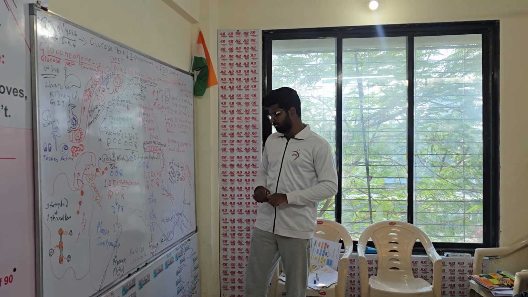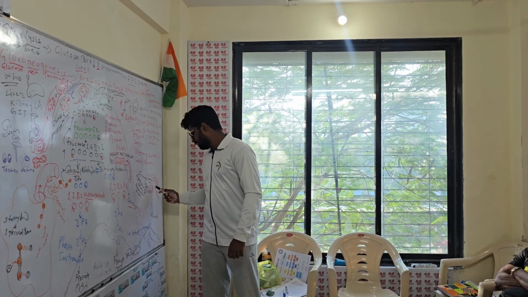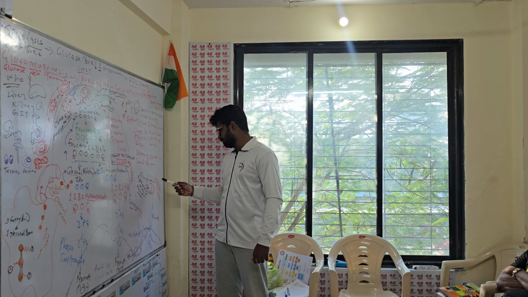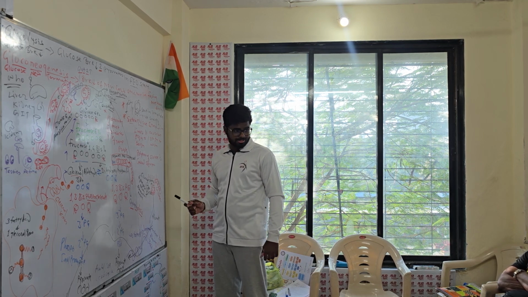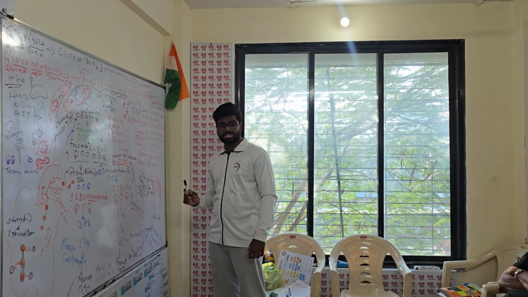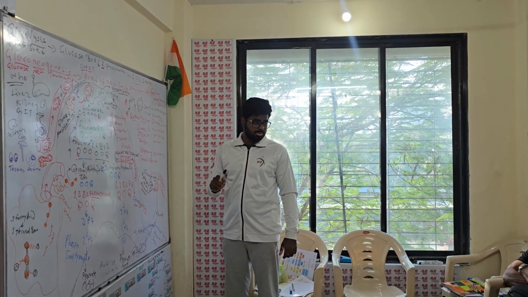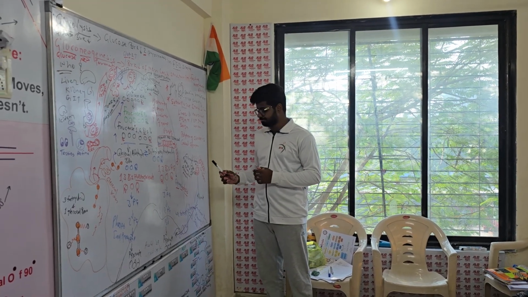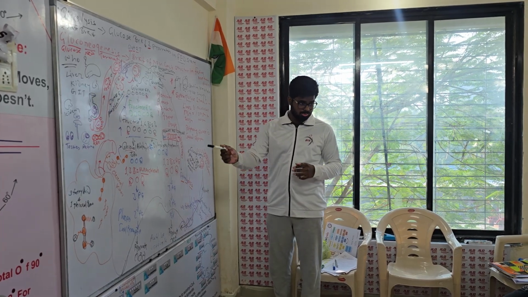The muscle will convert glycogen into glucose 6 phosphate, and since there is no enzyme there which can remove the sixth phosphate, it has to send this to the liver.